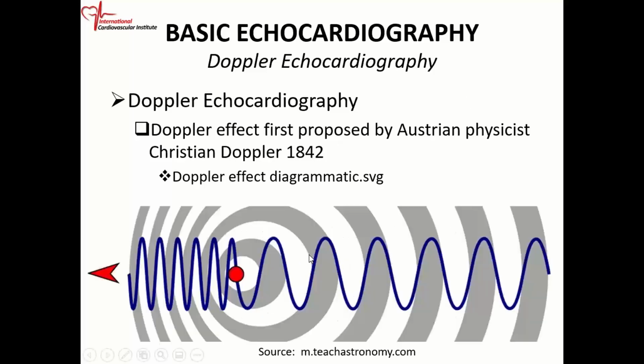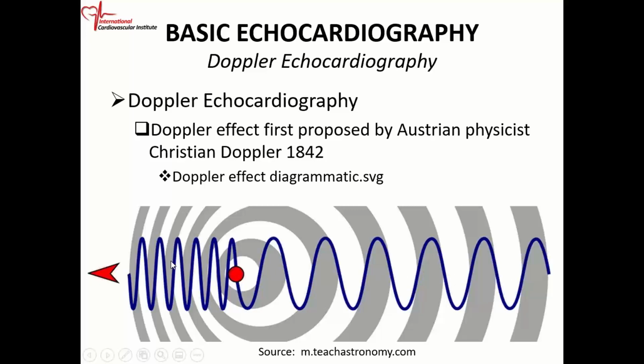So it's not anything real fancy. If you are right here and there's a moving sound, when it comes towards you, it appears as if the frequency is increasing. When it moves away, the frequency appears to decrease.